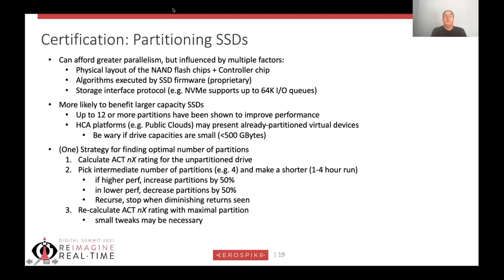Rough strategy for doing that is pick a starting point. I would say, especially with a larger drive, you might want to start with something like 4 partitions or more, and make a short run to assess the latencies, and then essentially iterate by looking at what happens with each run, which way your performance goes.